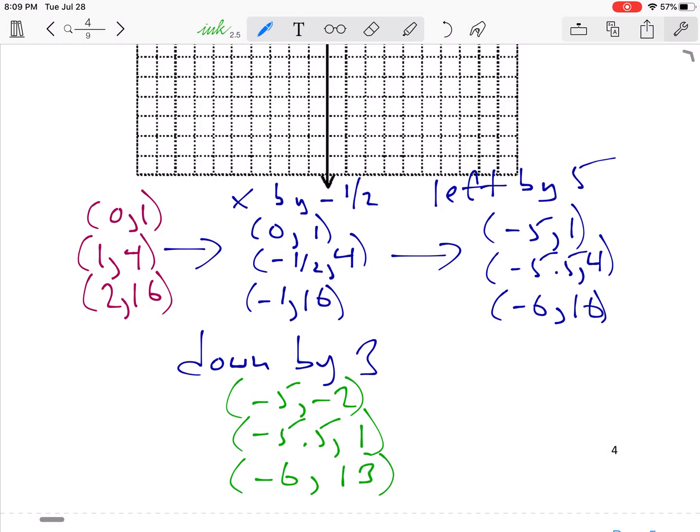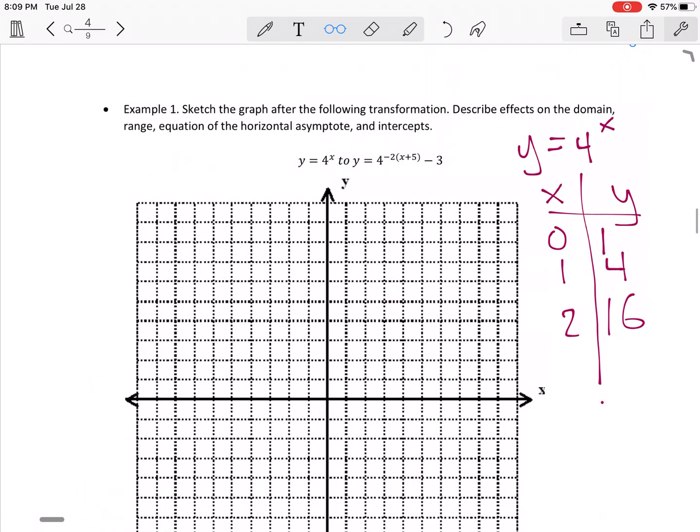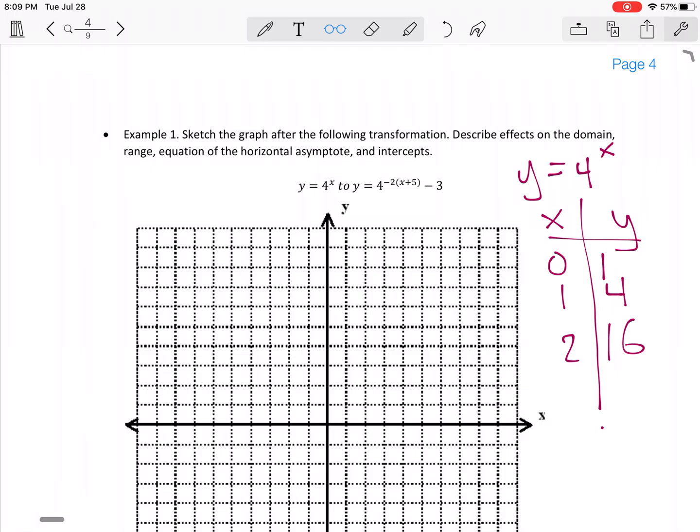Okay, so there's your new coordinates. Now, before we begin, let's just talk about the horizontal asymptote. The original function would have had y equals 0 as the horizontal asymptote. This one here is going to be y equals -3. That's a result of the vertical translation.